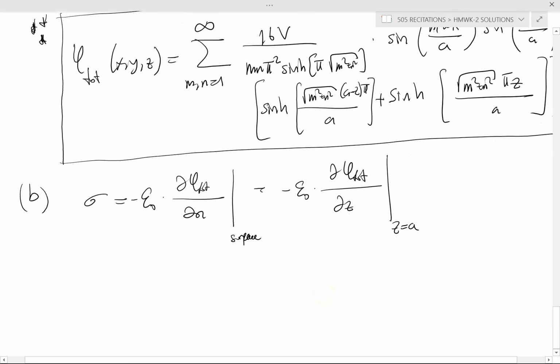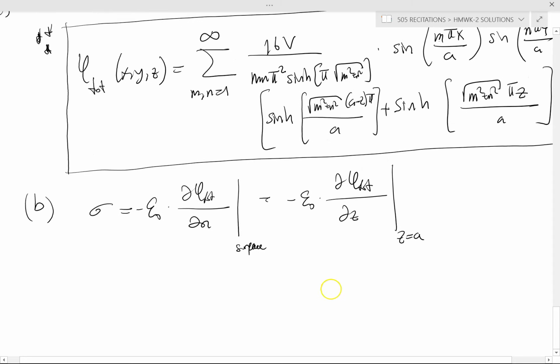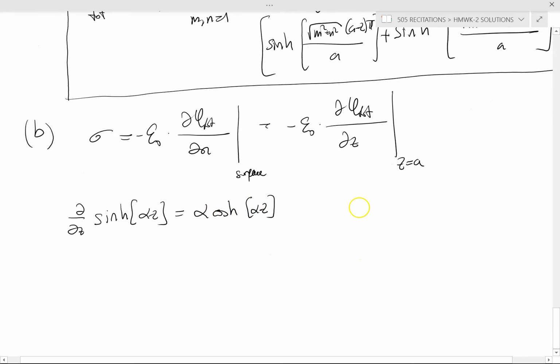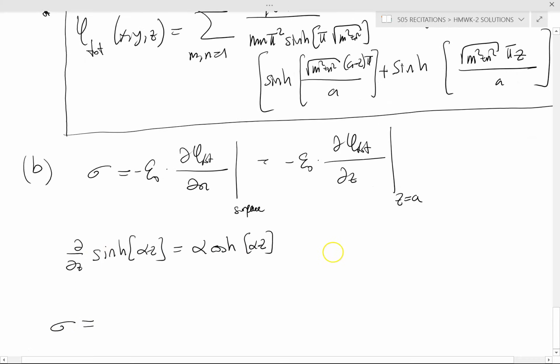It is not hard work to see that the derivative of sinh alpha z with respect to z is alpha cosh alpha z, which means that this can be expressed as E0 16v over pi square mn.